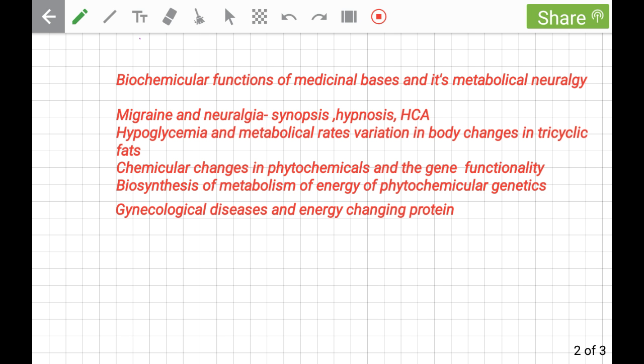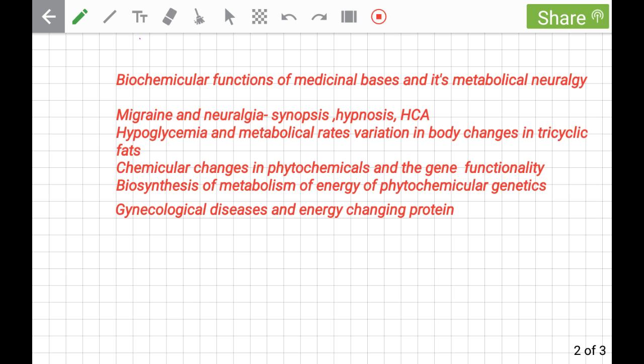So the energy is with us, and we can feel the energy by mediating the surroundings and make a correct circulation of states of synaptosomes with the circulation states. And the phytochemical genetics is the main factor.